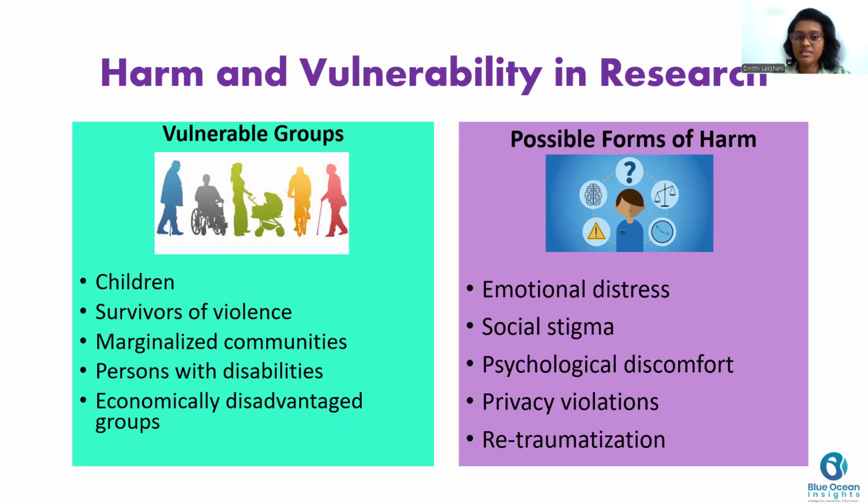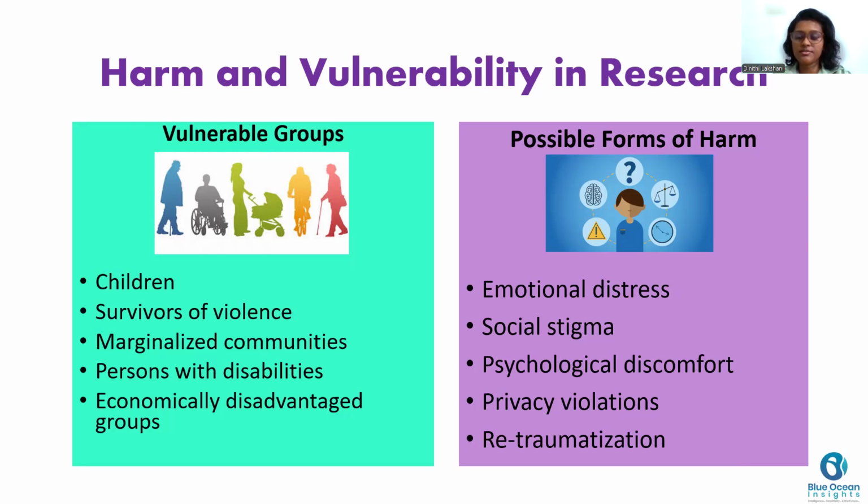There can be psychological harms or social harms caused by engaging or requesting vulnerable groups to participate. When considering psychological harm, asking a survivor of a natural disaster to relive the event can cause re-traumatization. This is an example of a psychological harm.